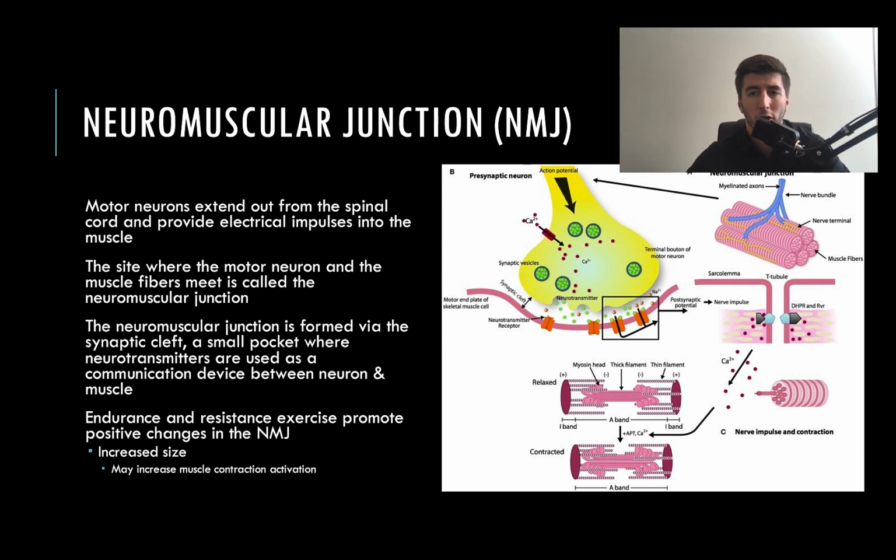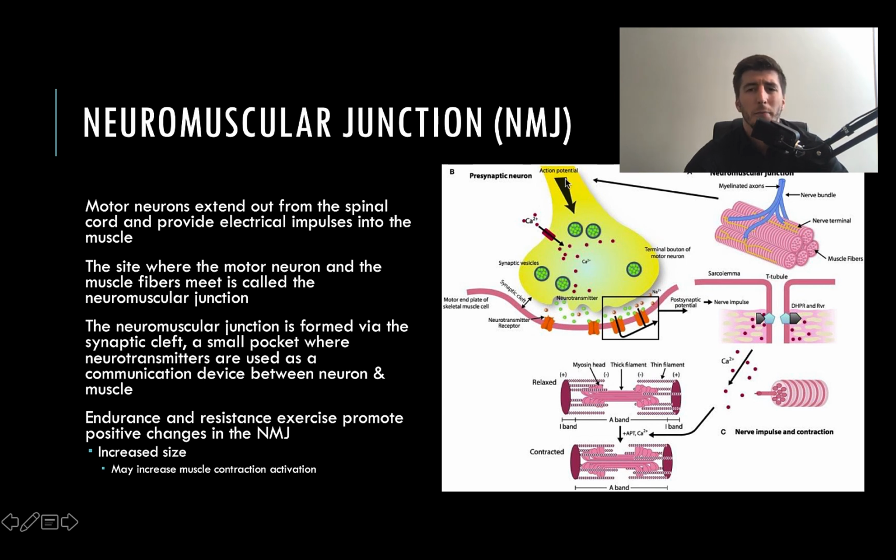Of the motor neuron. You have synaptic vesicles that are filled with neurotransmitters. They can be various things. Oftentimes you see it referred to as acetylcholine, ACH. It really depends on specifically the type of innervation that's going on. But just know that you have synaptic vesicles full of neurotransmitters.